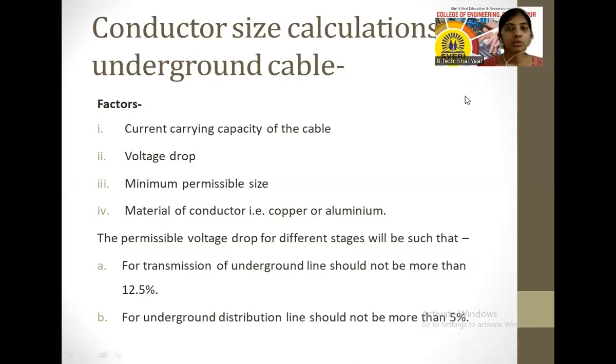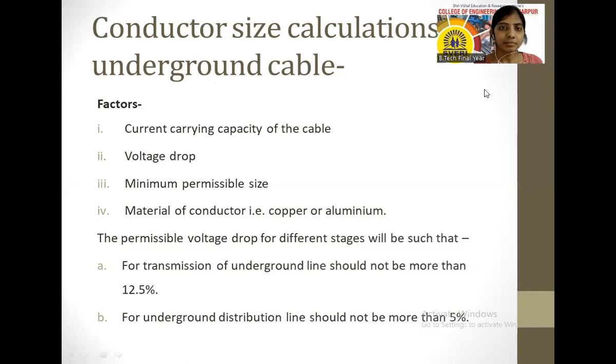That means according to the voltage level of the transmitting cable, and then we have to refer to the table for the resistance per kilometer also. The table for finding the resistance per kilo ohm for a particular conductor size is also different. So we have to refer to two or three tables while calculating the size of the conductor for the underground cable.